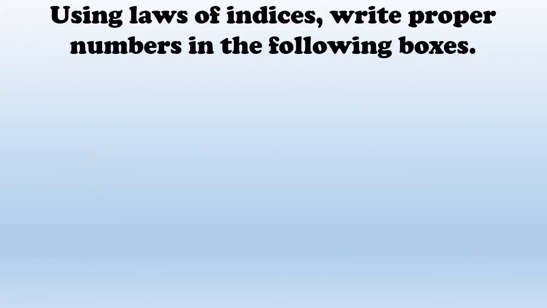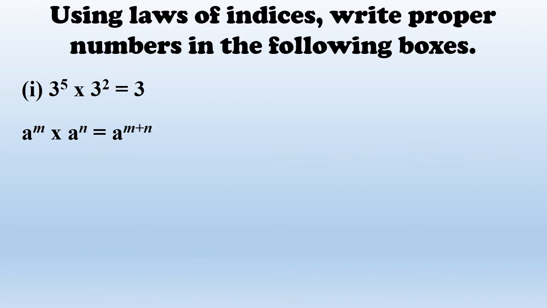Using laws of indices, write proper number in the following boxes. The answer to the first question will be obtained by using the first law of indices, that is, a raised to m multiplied by a raised to n is equal to a raised to m plus n.